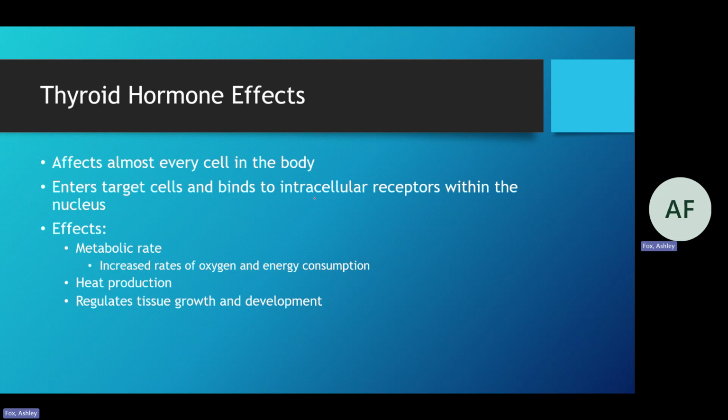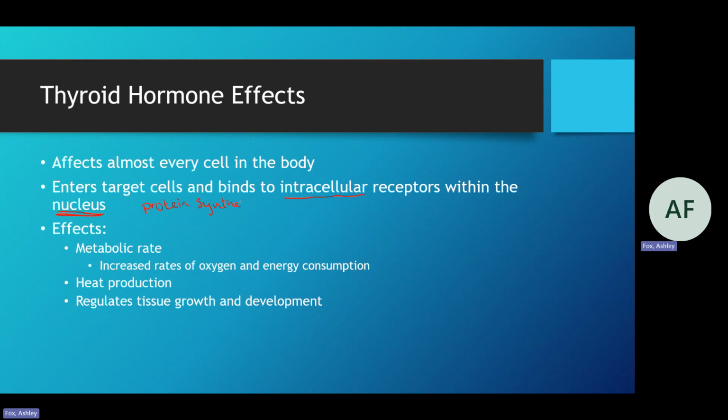Remember, this is the weird one: even though it's water soluble, it can go into the cells through carriers. So it has intracellular receptors, and it goes not only inside the cell but into the nucleus. And remember, an intracellular hormone is going to have an impact on genes and protein synthesis.